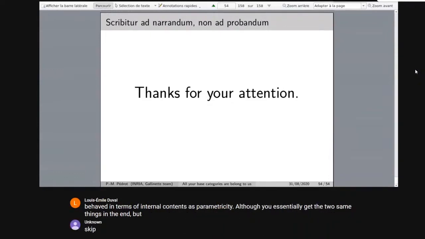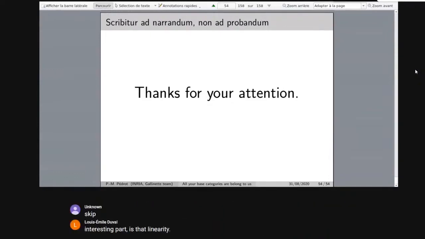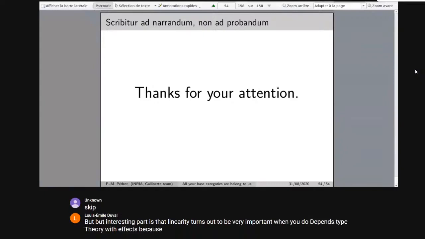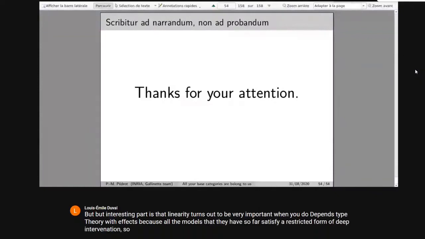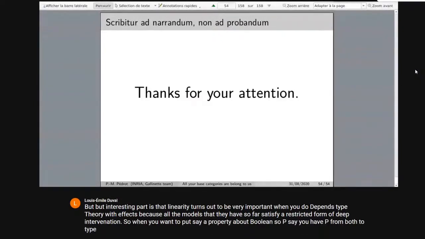But the interesting part is that linearity turns out to be very important when you do dependent type theory with effects, because all the models we have so far satisfy a restricted form of dependent elimination. So when you want to prove a property about Booleans, say you have P from bool to type, and you want to prove P of B for any Boolean B, usually it's enough to prove P true and P false, right?